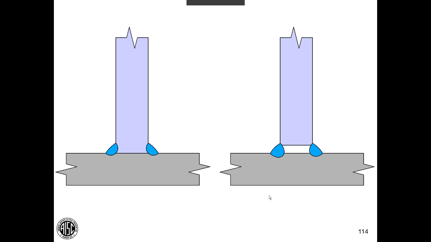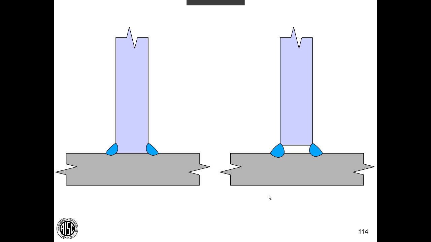Now, if I understand the question correctly, it is a splice subject to tension and bending. And a PJP groove weld would be fine for that application. You look at the limit states on the throat of the weld, 30% of the electrode classification tensile strength, multiply that by the length, and if that weld is adequate to resist the applied loads, that would just be fine.